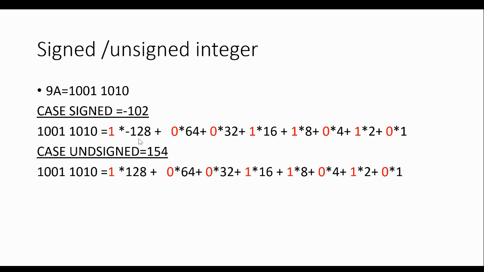If this most significant bit is 1, most probably the whole number is going to be negative. If this most significant bit is 0, definitely, you get a positive number. For unsigned, the most significant bit you just multiply by 128. That's why the range will be different.